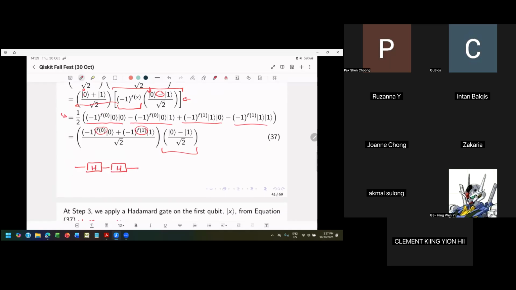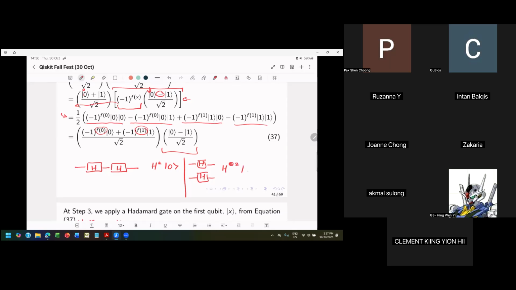So this basically means you apply twice on the same qubit. Whereas if you have this, it means that you take note of this tensor. This is a short notation as well.